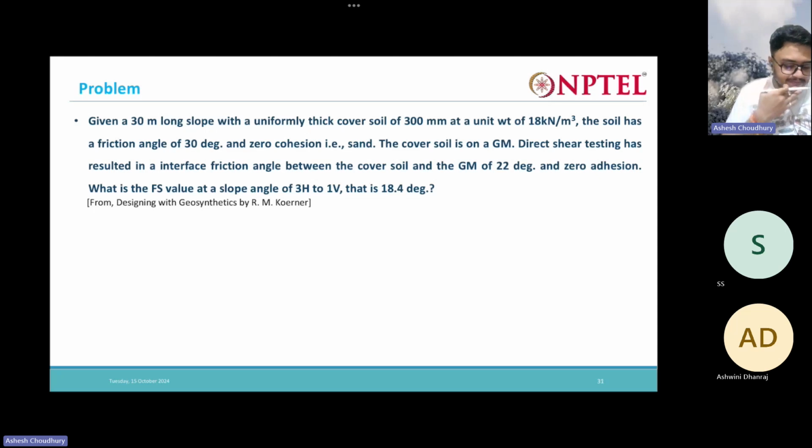Directly we'll put the values and find out. So what is WA?